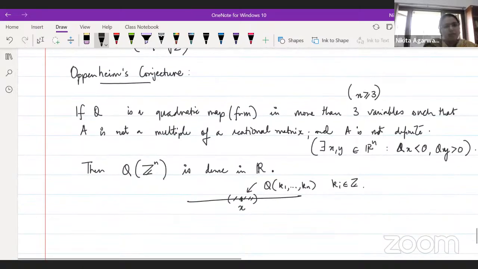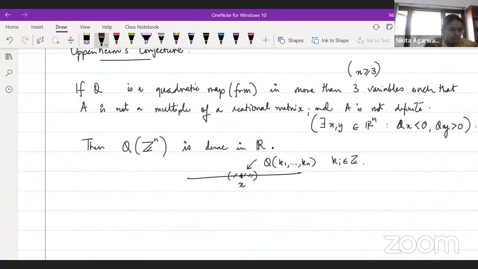This result was proved by Margulis in 1987. By the way, this conjecture had been around since 1953, and it was proved by Margulis in 1987 using techniques from ergodic theory. I'll tell you what he specifically proved. It was known that to prove this result, it's enough to look at the case n equal to 3, which describes all the other cases.